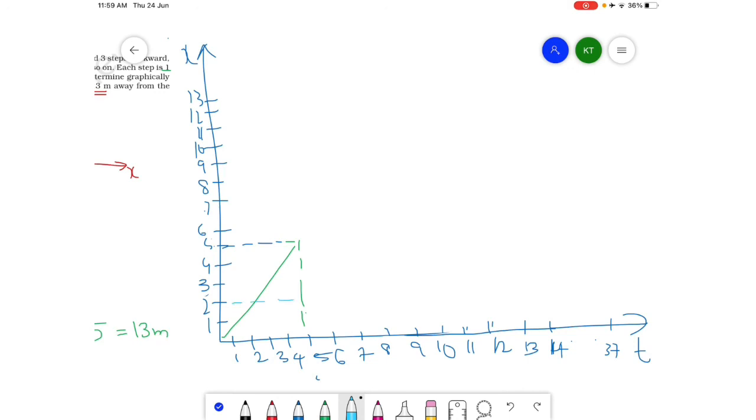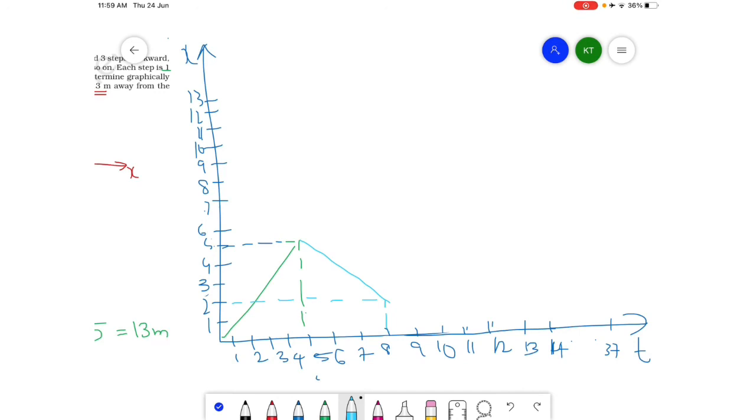So he reaches 2 at a time of 8 seconds. So he reaches this point here. Now again he's moving forward from 2 meters till 16 seconds.